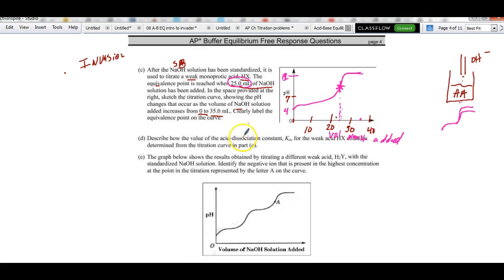Label the equivalence point. So that is the equivalence point. I need to make that a lot better. So halfway here to here would be like this. And I'm going to call that the equivalence point.